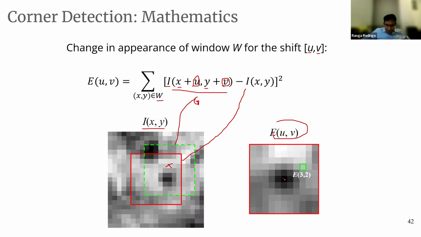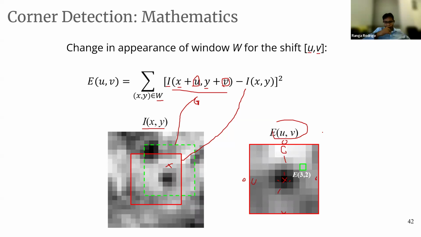If there's no motion, that means when u and v are 0, 0, of course it is black, there's no change. If you slightly move it, there is some change, slightly move it again, some change. If you move by a large amount, that means far away motions, then quite a bit of change. That's what this E(u,v) error function shows you. I hope you understand that. If you have a question, you can ask me.